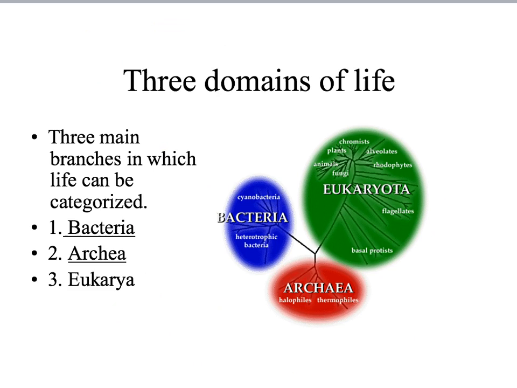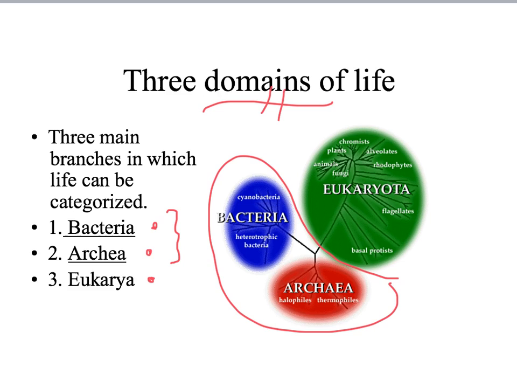The first one is called the domains. Domains break life into three categories. So we have bacteria, archaea, and eukarya. And both of the first two are basically single-celled organisms that most of us would consider bacteria, but we'll discuss in further detail the differences between them.